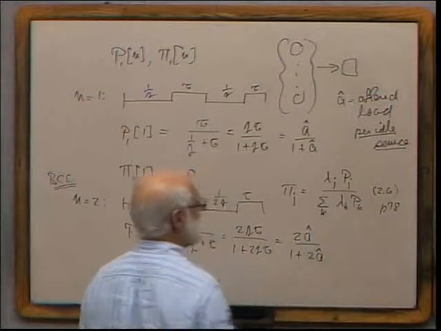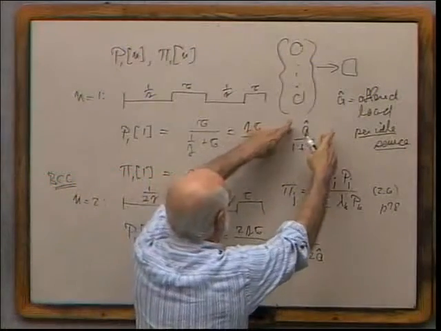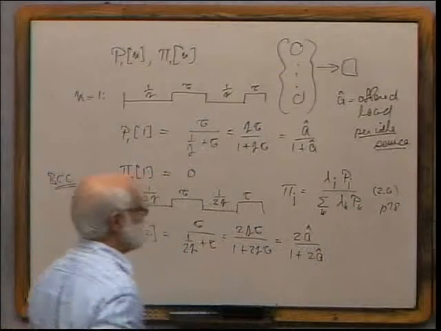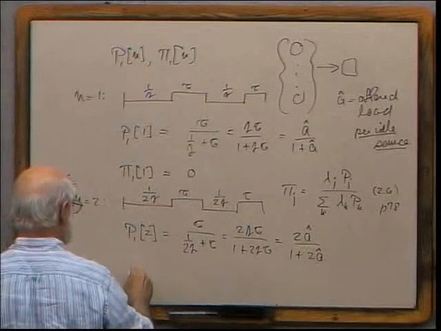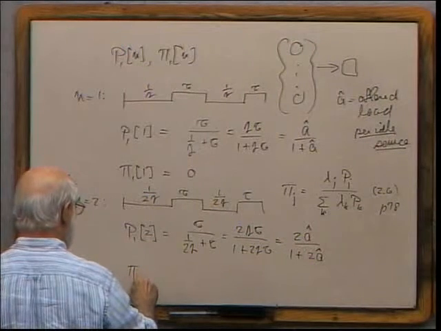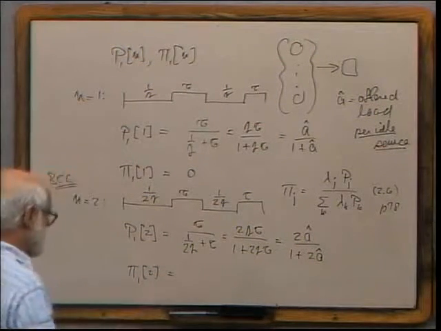Okay, so this is the probability with one source. That's the probability with two sources. What's pi 1 of 2? What's the fraction of arrivals that are going to be blocked in a system with 2 sources and 1 server?